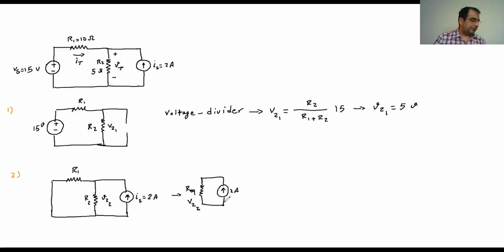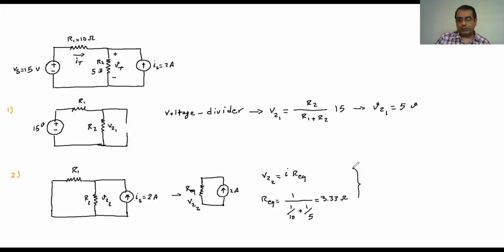So here, again, I have a very simple circuit, and if I write Ohm's law, I know the V2 from step 2 is going to be the I times REQ. And the REQ is 1 over R1, which is 1 over 10, plus 1 over R2, which is 1 over 5, and it's going to come to 3.30.